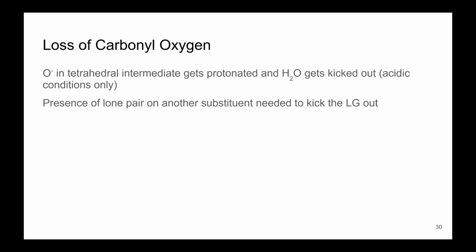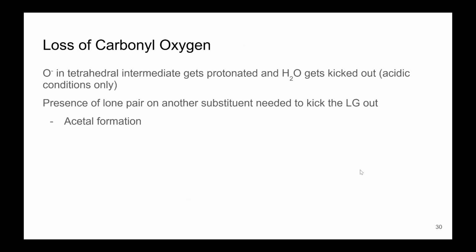This not only applies to the loss of carbonyl oxygen, but everything else we have covered as well. But in those cases, the lone pair can just come from oxygen. But in our case, we need another powerful group that has a lone pair to kick the leaving group H2O out.